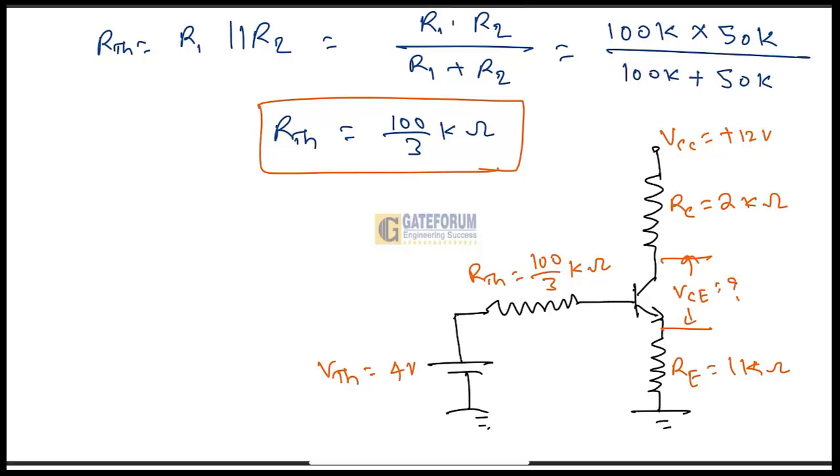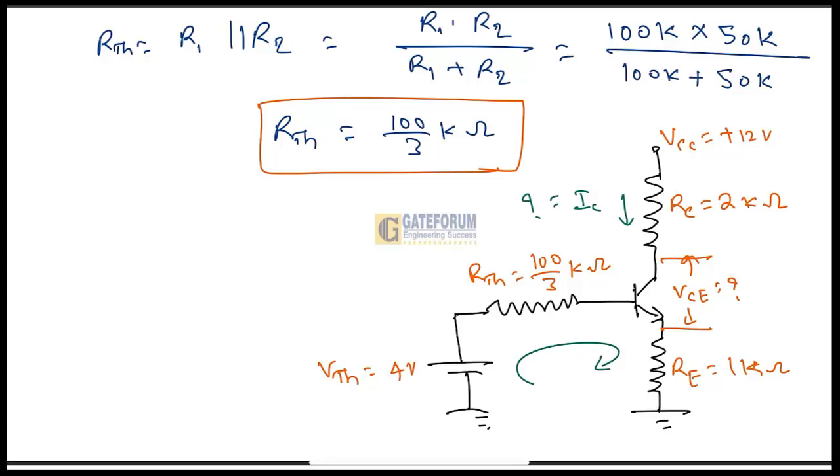As we know, for the quiescent point, what do we need to find out? We need to find out VCE and the current passing through this, which is called IC. We need to find these two parts, VCE as well as IC, and beta is already given in the question. So we can apply KVL in the inner side of this loop.